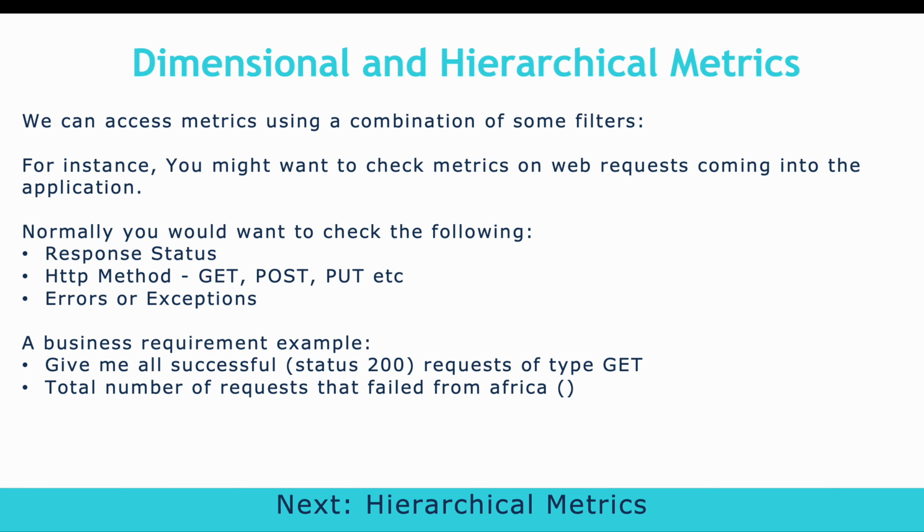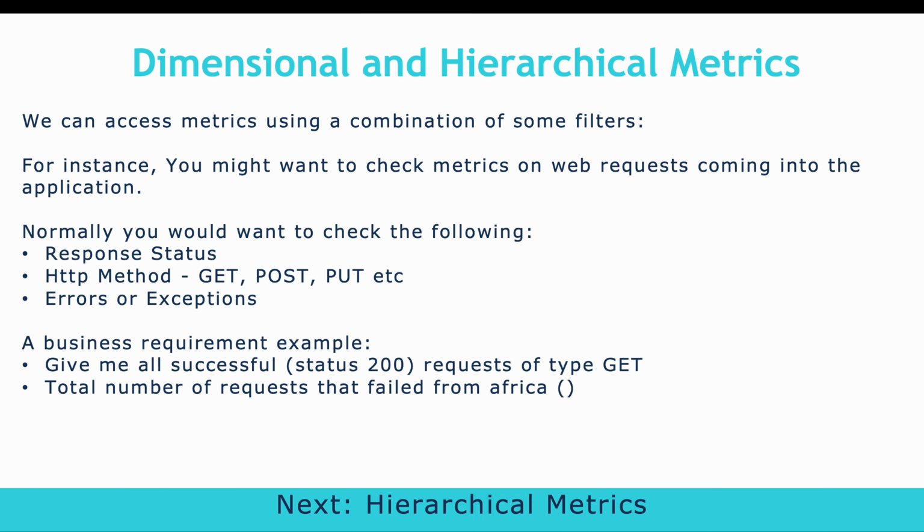So there are ways of gathering metrics. That's why we want to talk about dimensional and hierarchical metrics. When you have metrics and you want to fetch data or query those metrics, you can use a combination of filters to do so. For instance, let's say we want to check metrics on web requests coming into our application. Normally, you would want to check things like the response status, the HTTP method, and exceptions or errors if there are any, and you want to aggregate all these things.